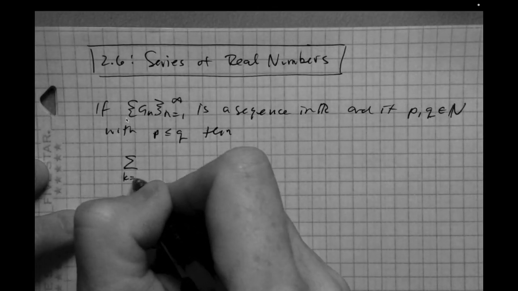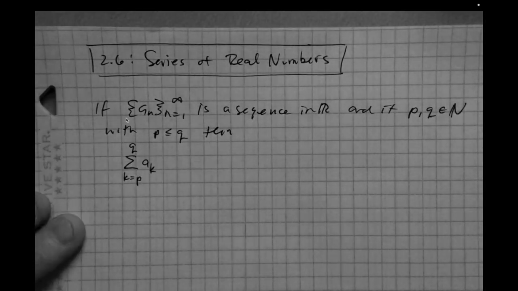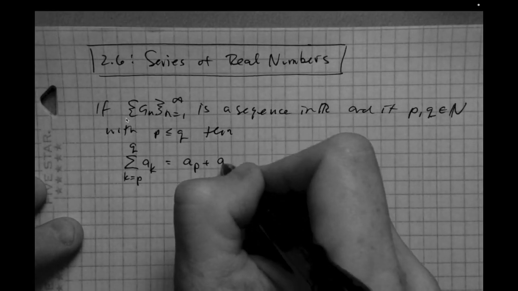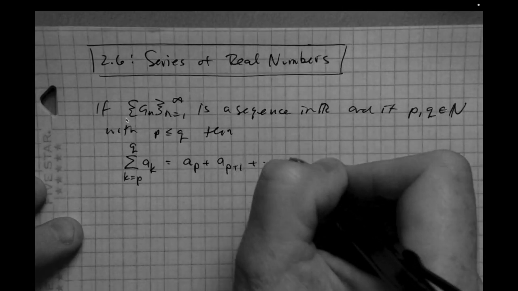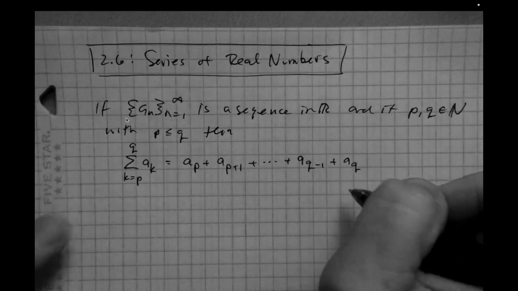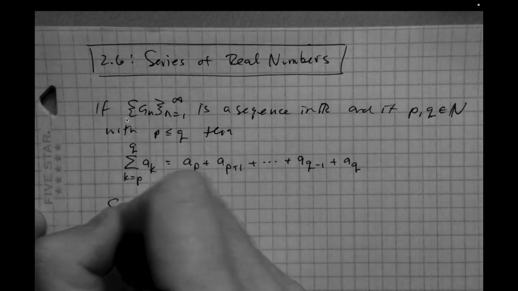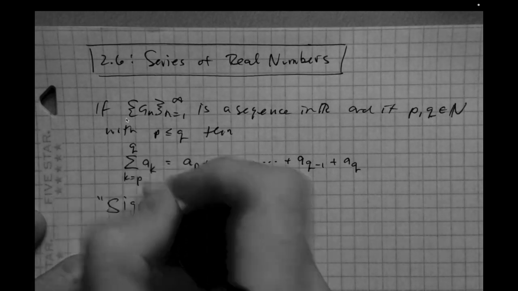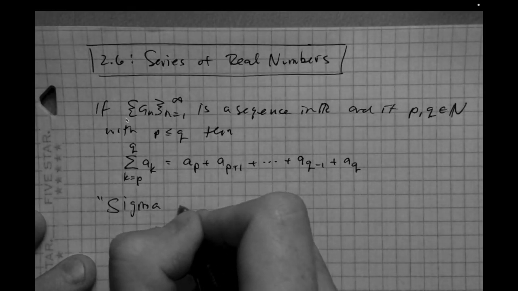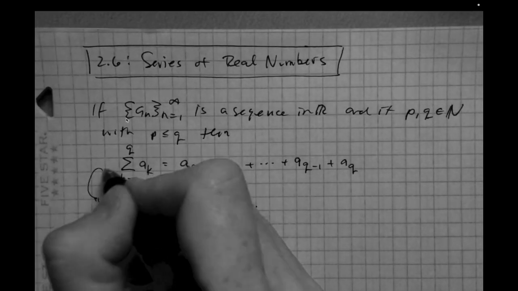The sum of k equals P up to Q of a sub k is equal to a sub P plus a sub P plus 1 plus dot dot dot plus a sub Q minus 1 plus a sub Q. So this is the so-called sigma notation because the sum symbol is a Greek sigma, which you will undoubtedly have seen before.